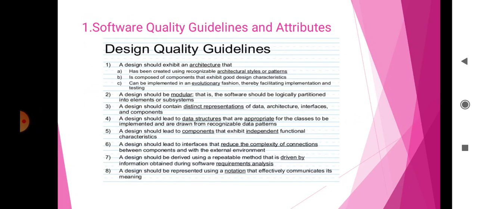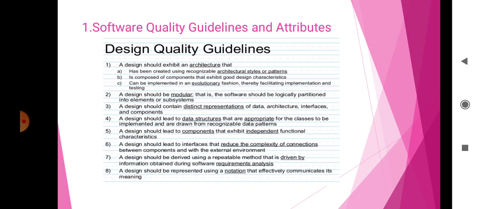Here, design quality guidelines: in order to evaluate the quality of design representations, you and other members of the software team must establish technical criteria for good design, and for the time being consider the following quality guidelines. Here 8 guidelines are included.